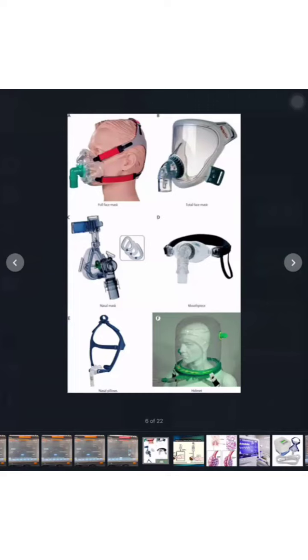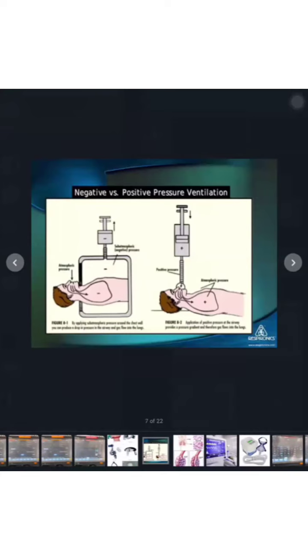This is the most widely accepted method in patients with obstructive sleep apnea, because the patient can eat, drink, or even speak with the nasal mask in place. The final one is the mouthpiece, which we are not using nowadays. We can even use nasal pillows or the helmet type of CPAP mask. There is a variety of CPAP masks available.